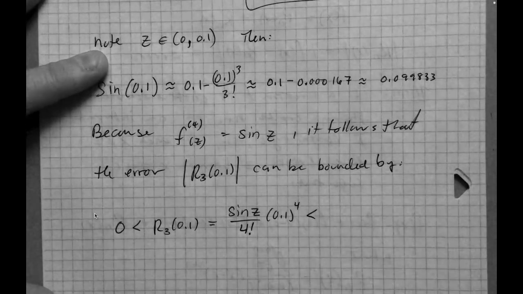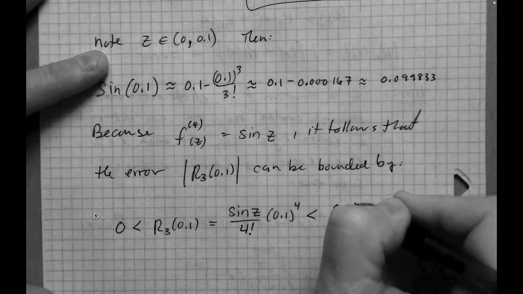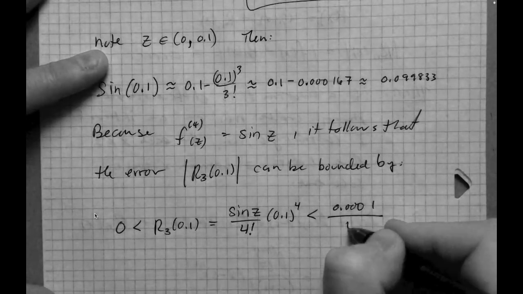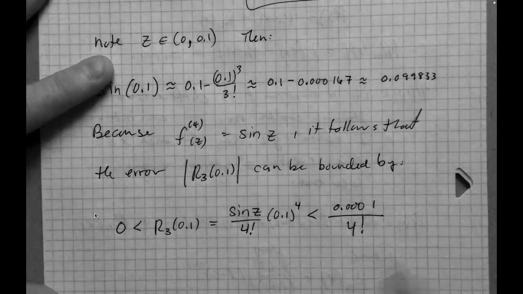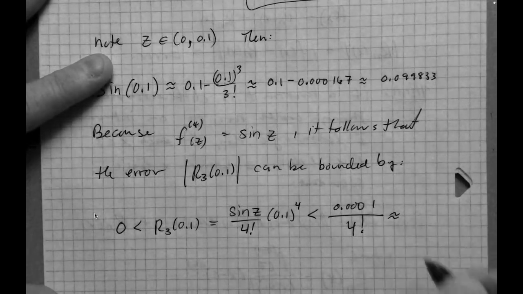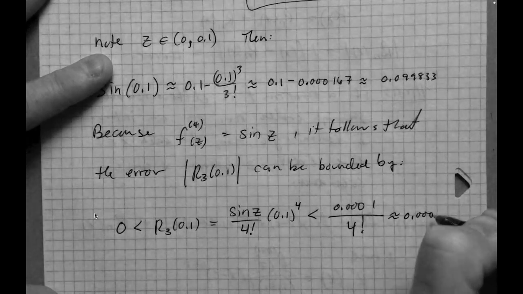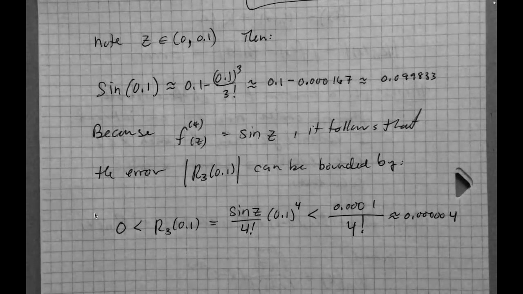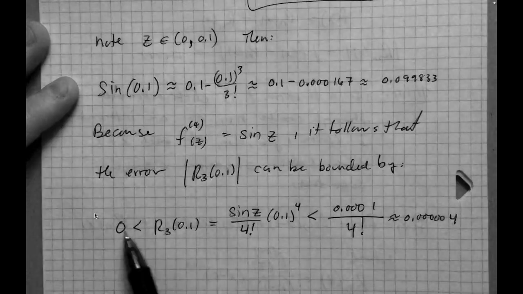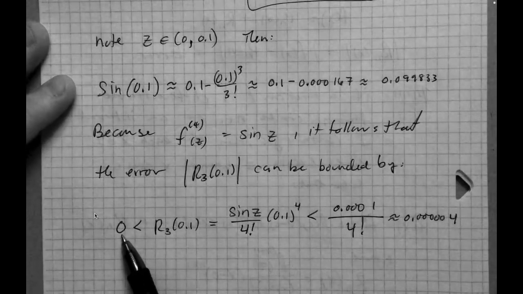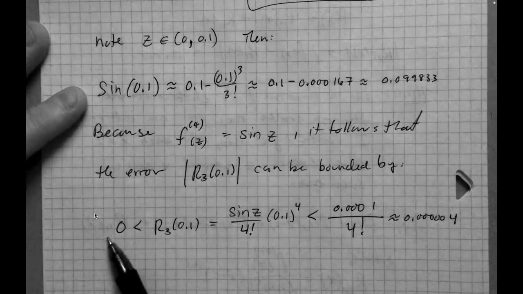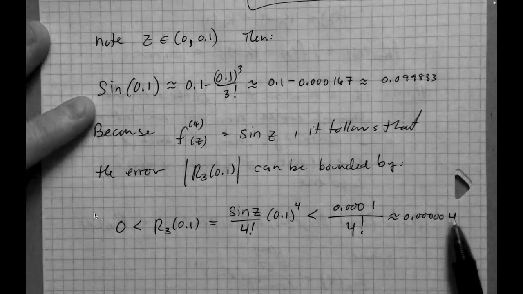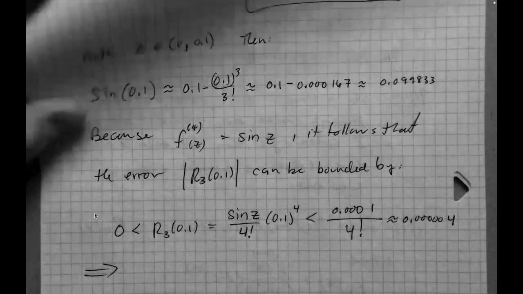We know that that's less than 0.0001 over 4 factorial, which is approximately 0.000004. So basically what we're able to say here is that the remainder is greater than 0 but strictly less than 0.000004.